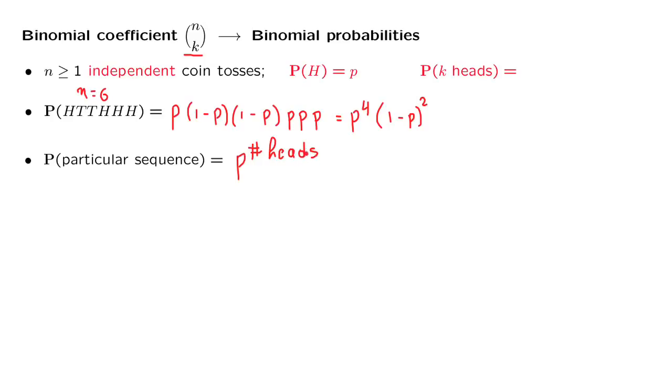The reason is that each time that there is a head showing up in this sequence, there is a corresponding factor of p in this numerical answer. And then there are factors associated with tails. Each tail contributes a factor of 1 minus p. And so we're going to have here 1 minus p to a power equal to the number of tails.